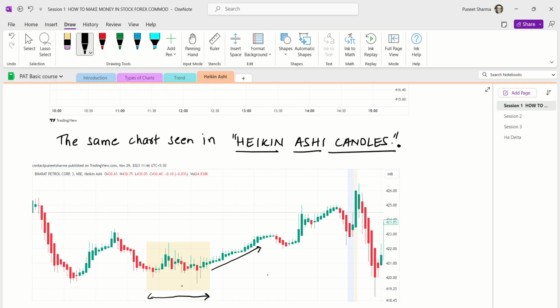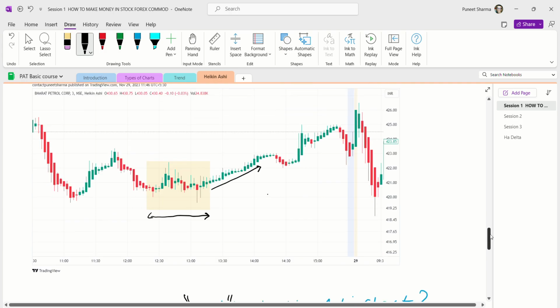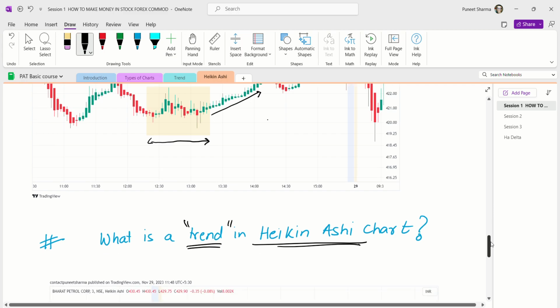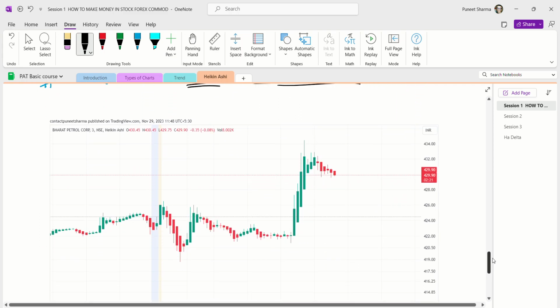Yes, the trend is not strong as per the Heikin Ashi candles here, but nevertheless there is a trend. So viewing the consolidation period becomes very clear in a Heikin Ashi chart, and so it saves a lot of losses to a trader.